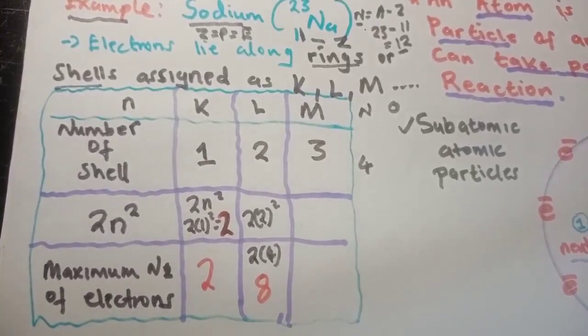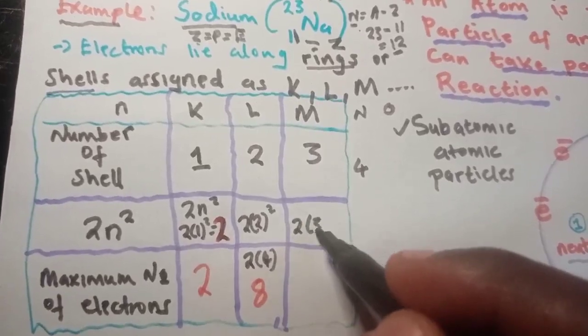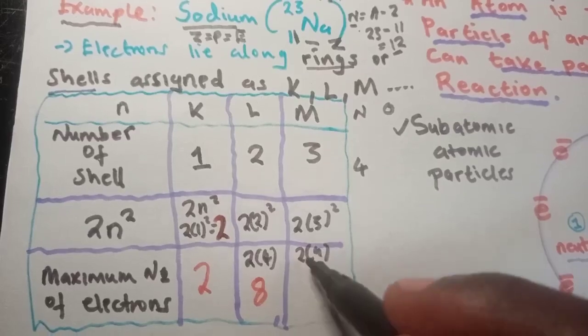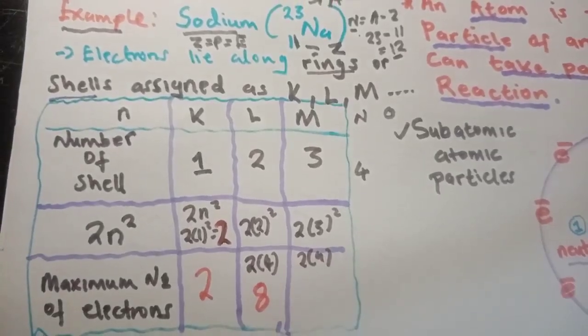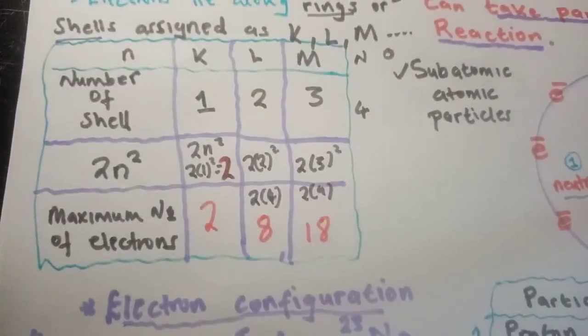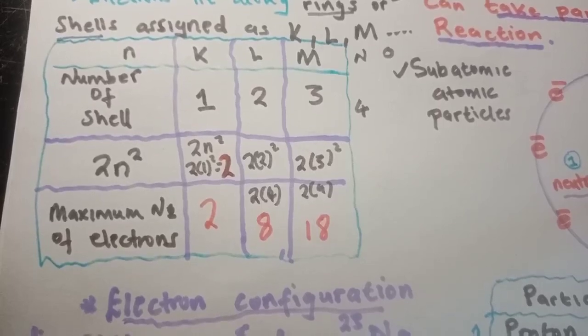The third shell, your n is 3, squared. 3 squared is 9. 2 times 9, you get 18. This means that shell number 3 can occupy up to 18 electrons. Shell number 2 can occupy up to 8 electrons. Shell number 1, the maximum it can occupy is 2 electrons.